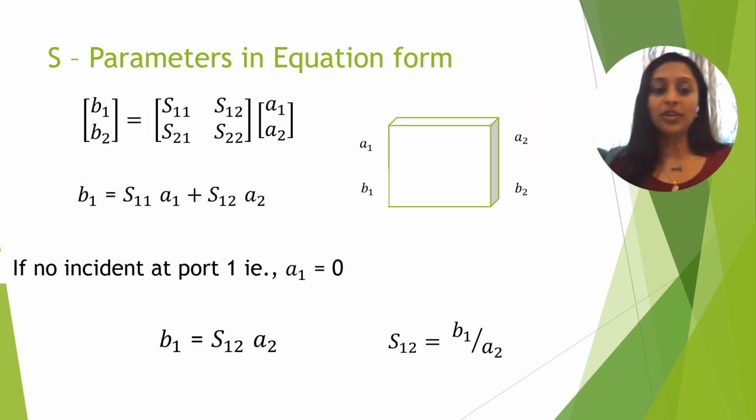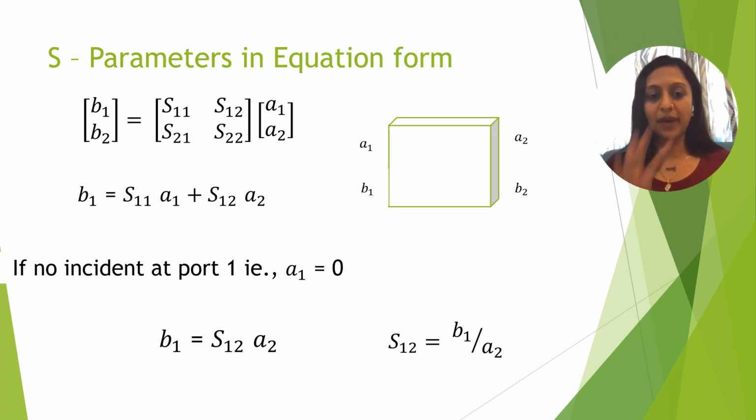Okay, now let's see how I put these S parameters in matrix form in an equation. Same thing: A1, B1 for port 1, A2, B2 for port 2. Obviously, reflections are what I am looking for, so that will be my output with S parameters and the incident input A1 and A2. Let me consider only the equation for B1, which will be S11A1 plus S12A2.